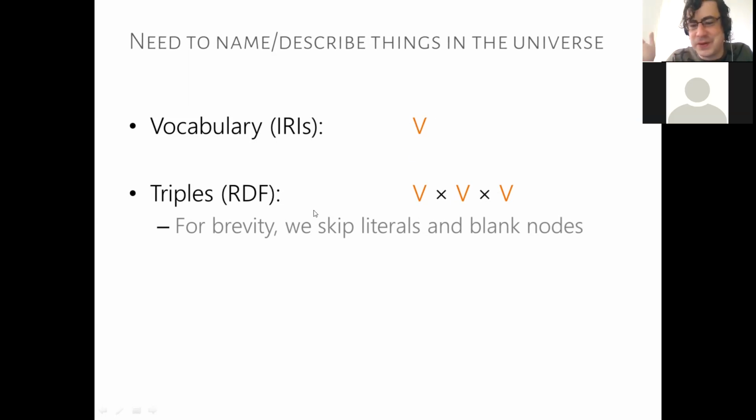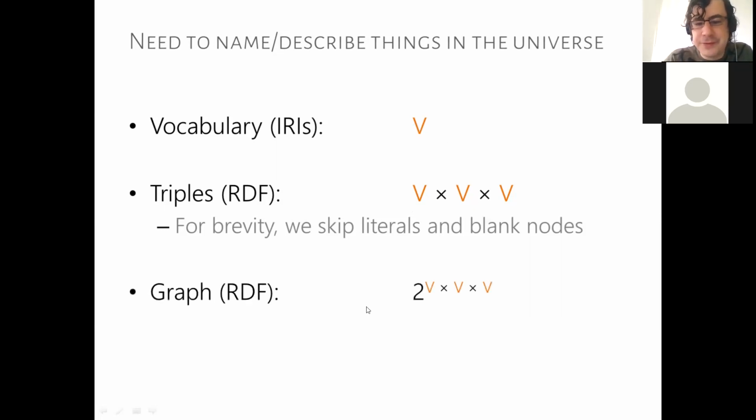I'm not going to talk about literals and blank nodes because we're mostly at a conceptual level. So V times V times V means the set of all triples of IRIs. I'm going to ignore literals and blank nodes for simplicity. So we have these triples, which are tuples of three IRIs.